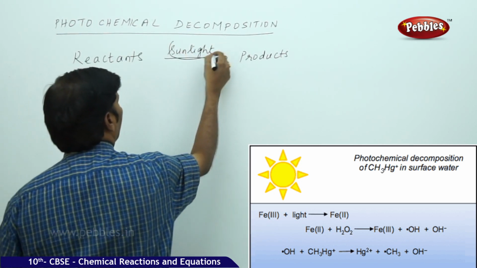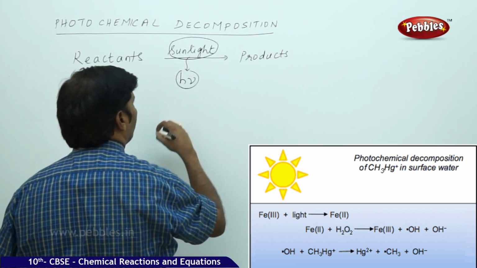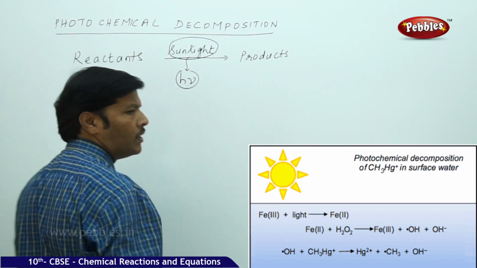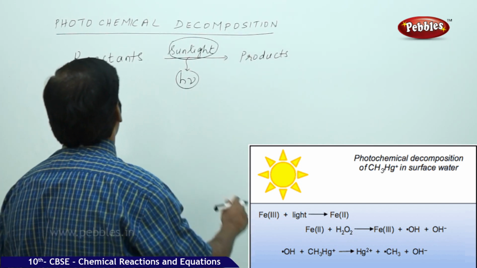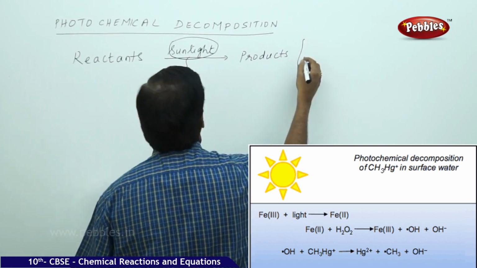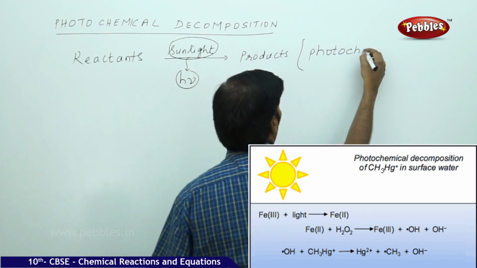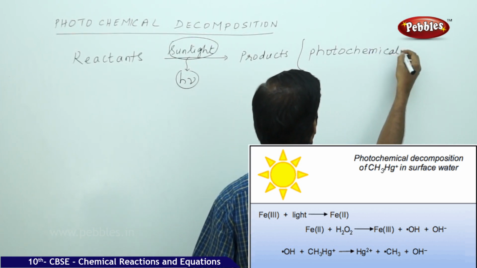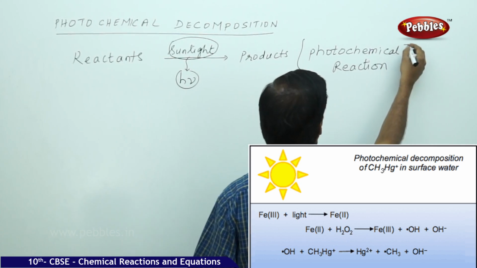Sunlight, mathematically, we give in the form of h mu. h mu is the energy of radiation, where h is Planck's constant and mu is the frequency of radiation. We can call this a photochemical reaction.